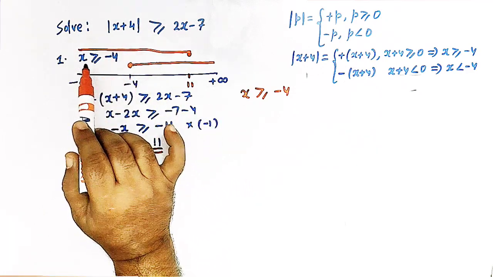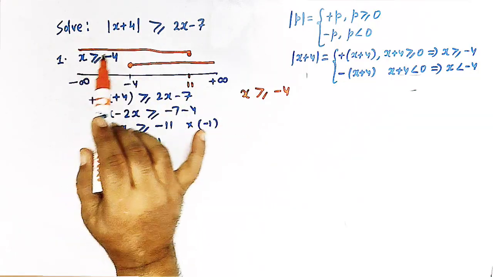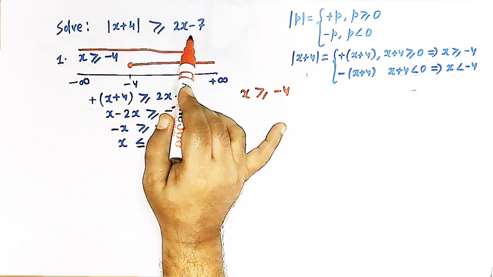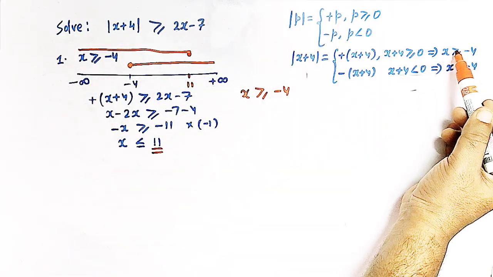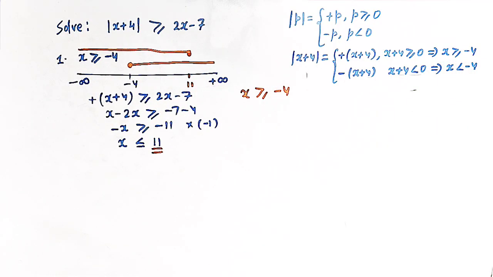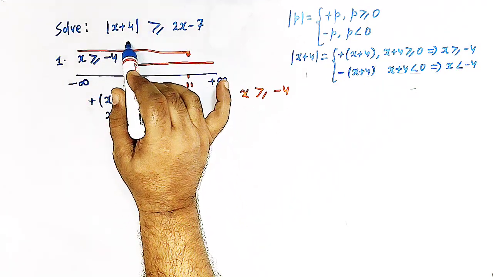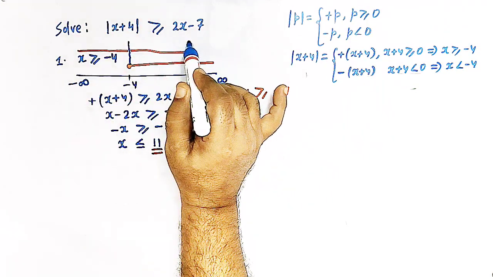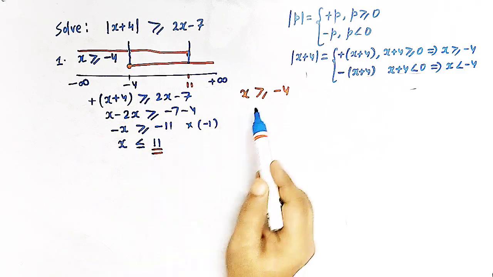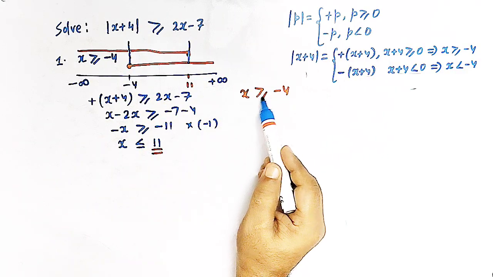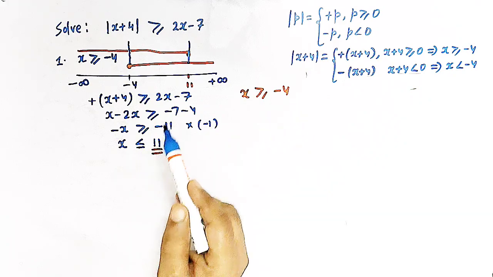So here the common region represents the solution of this inequality when we have this condition, that is x is greater than or equal to minus 4. So now this is the common region which is given by these two inequalities, that is x greater than or equal to -4 and x less than or equal to 11.